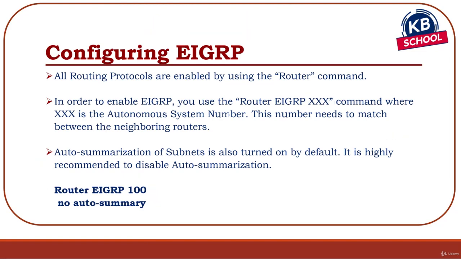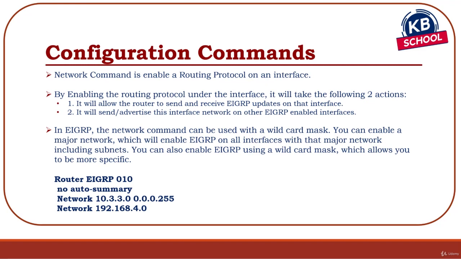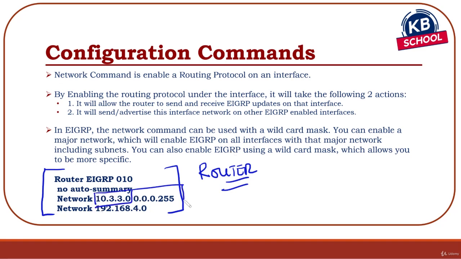Once that's done, just like on a router, you enable it by using the network command. The difference over here, though, is when you specify that, this is how you would do it on a router. If you want to do it on the ASA firewall, it does not support the wildcard mask.